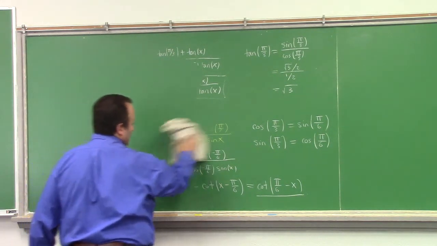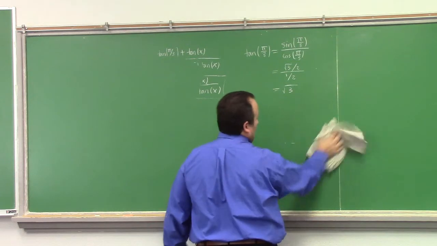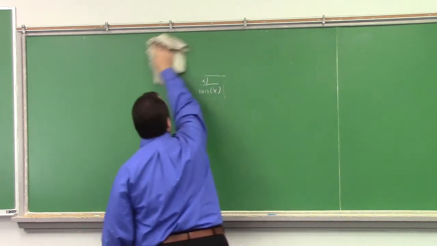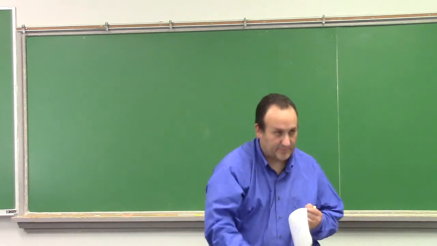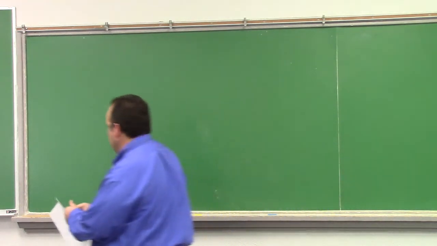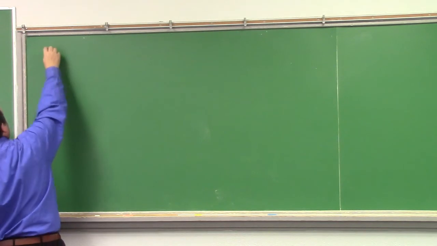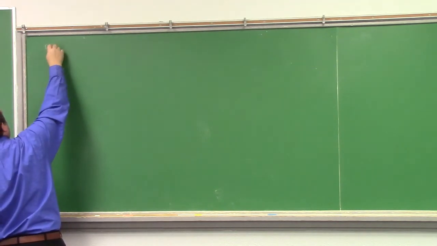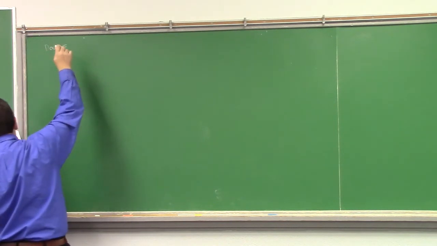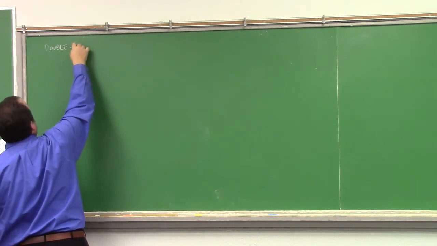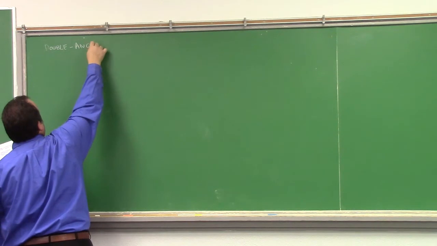But once you have these adding angles formulas, you can get all kinds of other goodies from them. That's basically what it boils down to. And so these are some pretty famous ones. The book calls them double angle formulas, and I suppose some people call it that.